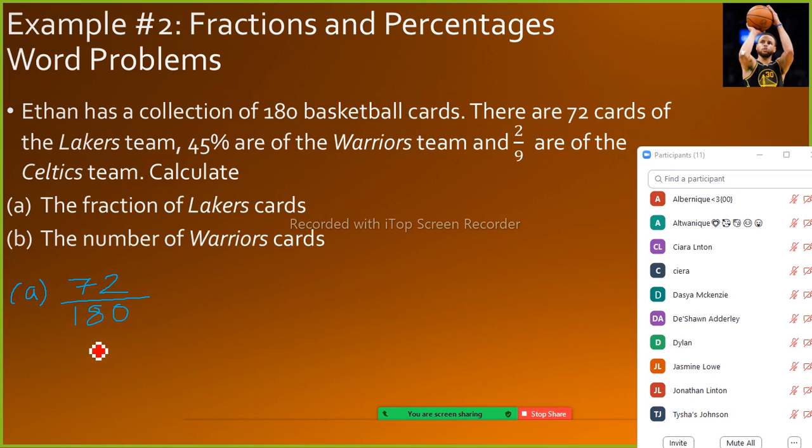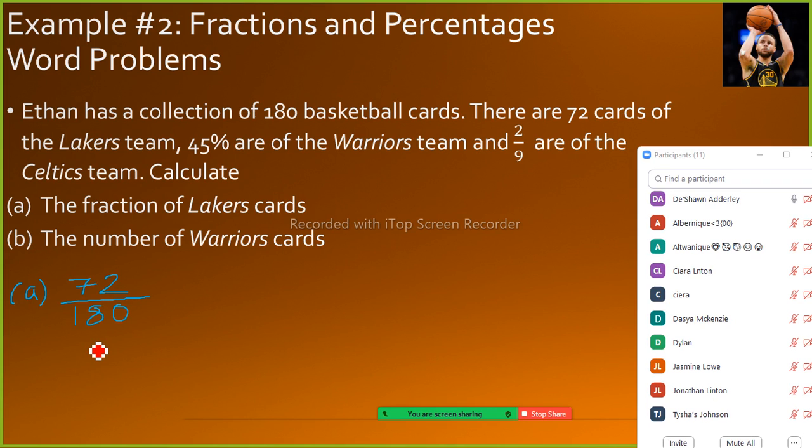Now, what number could we use to bring it to lowest terms, Miss Johnson? What number could go into 72 and 180? Okay, I'm not able to hear from Miss Johnson. Deshawn, are you there? Deshawn Adderley. Yes, sir, I'm here.